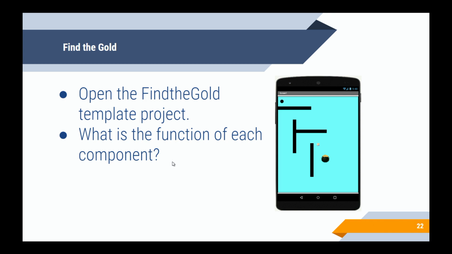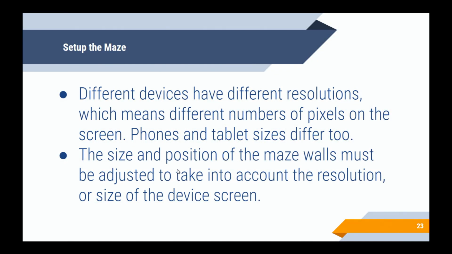We opened up the template file. Go ahead and study it and think about what each component's going to do. Because different devices have different resolutions, we're going to have to adjust the position of our maze walls to take the resolutions into account.